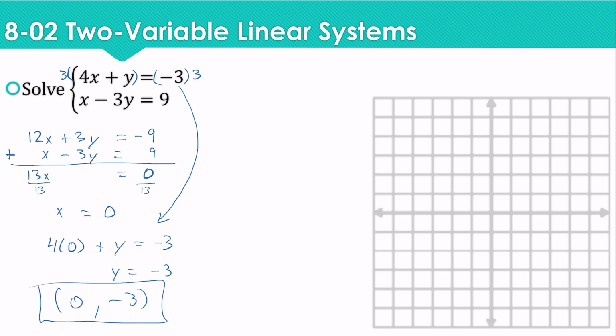Shall we see that that works by graphing? If I take my first equation and solve it for y, start at -3, go down 4 over 1, or up 4, backwards 1.